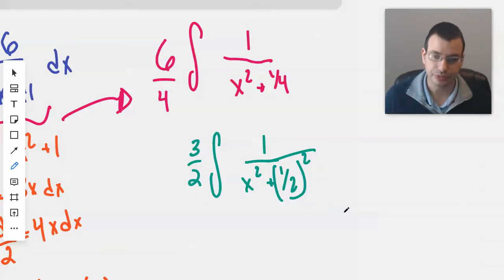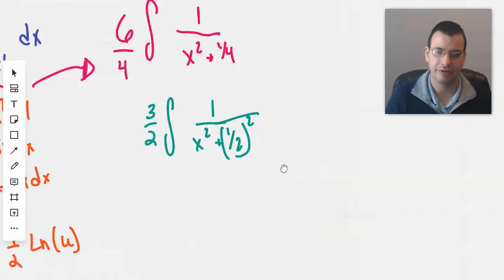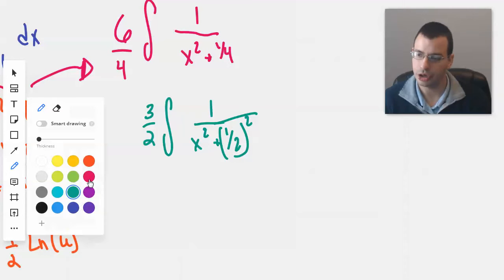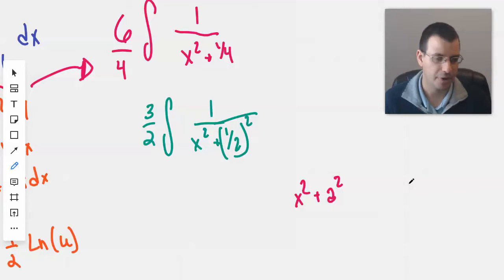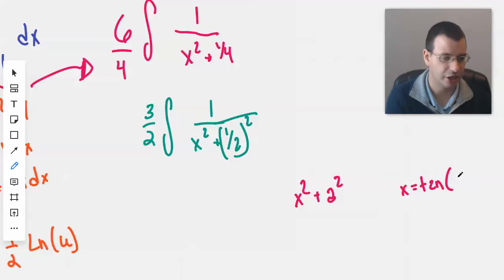two squares. So this is a trig substitution. There are three trig substitutions you should know. If you have a squared plus another square, then you say x equals a tangent of u.